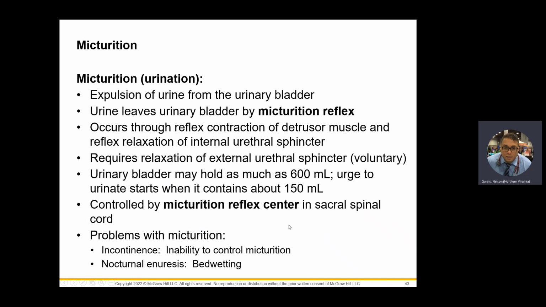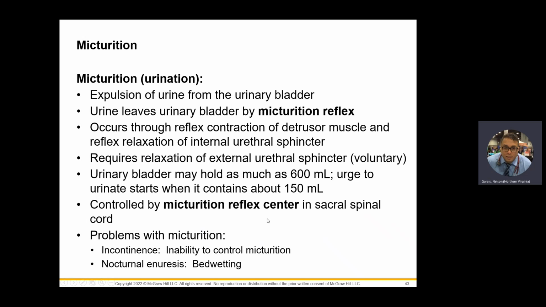Now, I just mentioned that my patient had a saddle injury, S2, S3, S4, which is their sacral 2, sacral 3, sacral 4 nerves. That's where the micturition reflex center is in your sacral spinal cord. So if I damage my sacrum, and one way you can do that is get on a motorcycle and crash it, it'll hurt your stuff here in the nether region, and it might either permanently or temporarily damage your sacral spine, and that's your micturition reflex center.